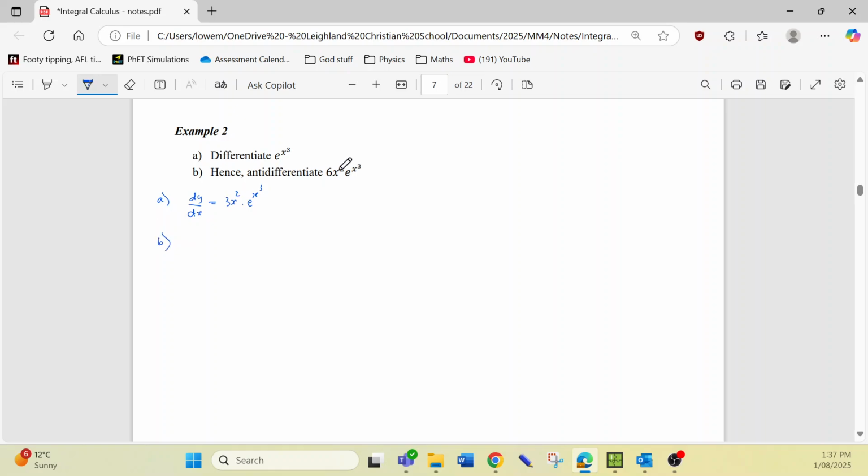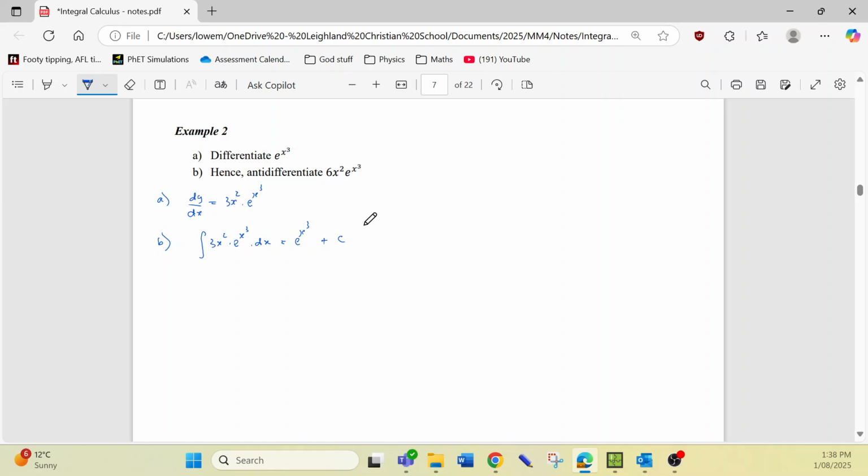Then we use that to proceed to end up with this. You can see the difference between these two is simply a factor of 2. So we'll start by saying that means the integral of 3x^2 e^(x^3) dx will equal e^(x^3) + c. That's just taking what we've done and working backwards.